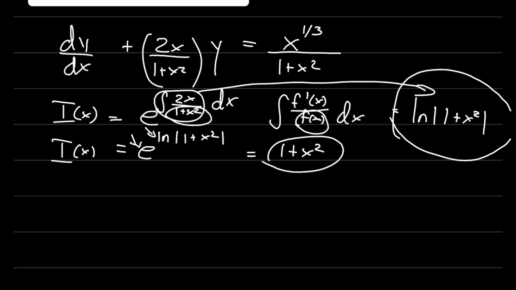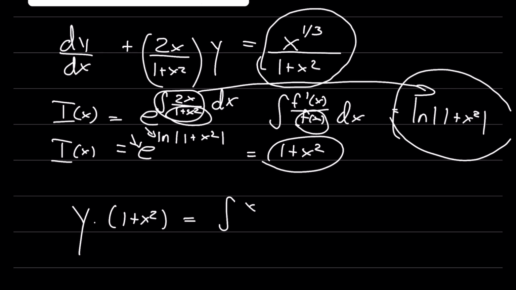So that is going to be our integrating factor. Then we say y times the integrating factor, 1 plus x squared, should be equal to the integral of q of x, which is right here, x to the 1 over 3 over 1 plus x squared, times the integrating factor, 1 plus x squared, dx.